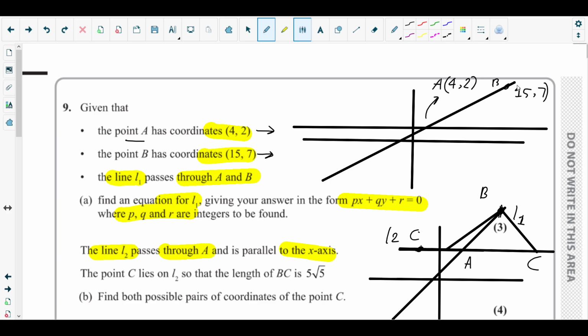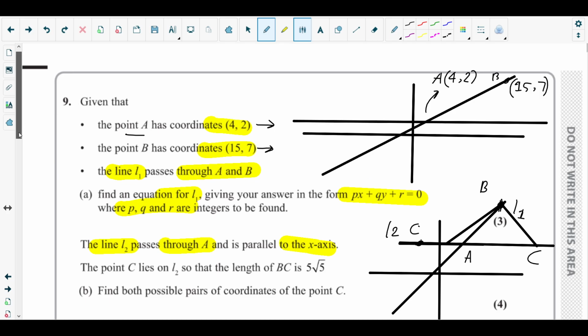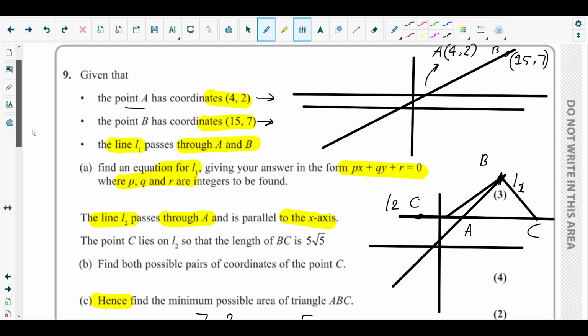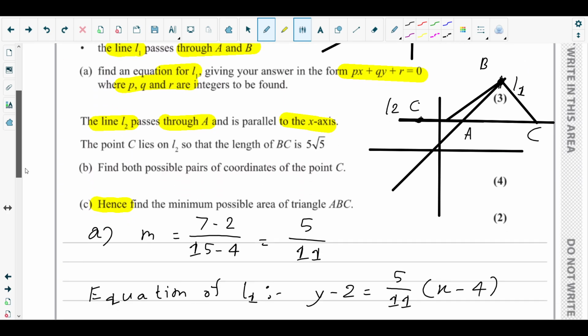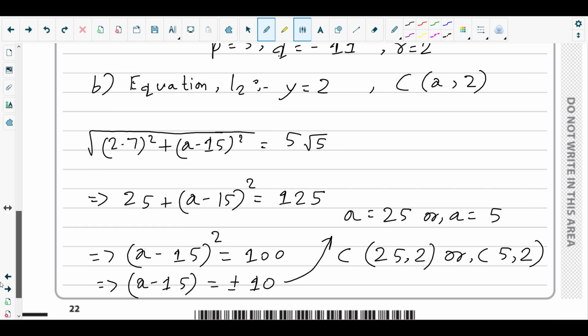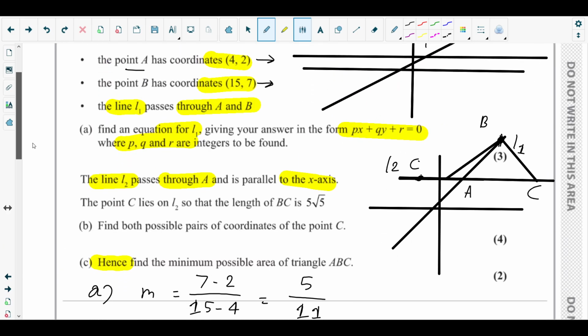Next, the two possible positions of point C. One is (25, 2). Yes, 25 and 5 are both positive.